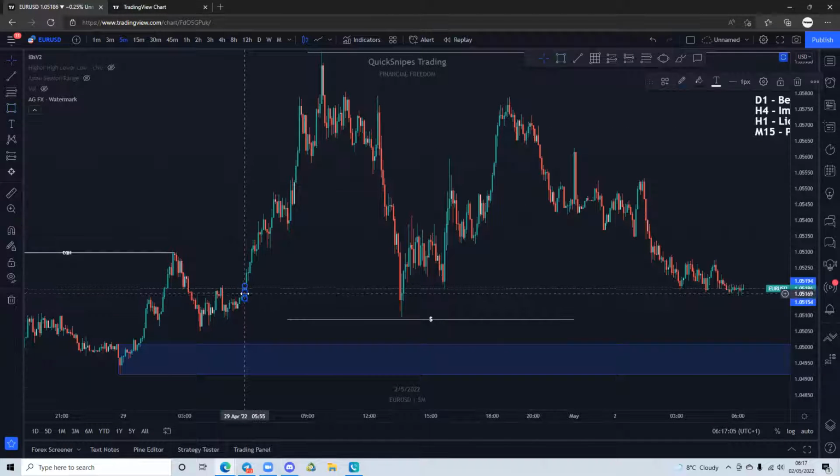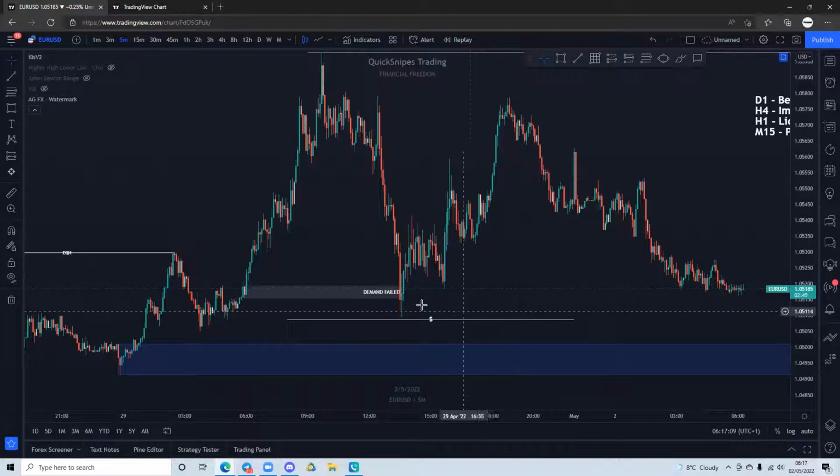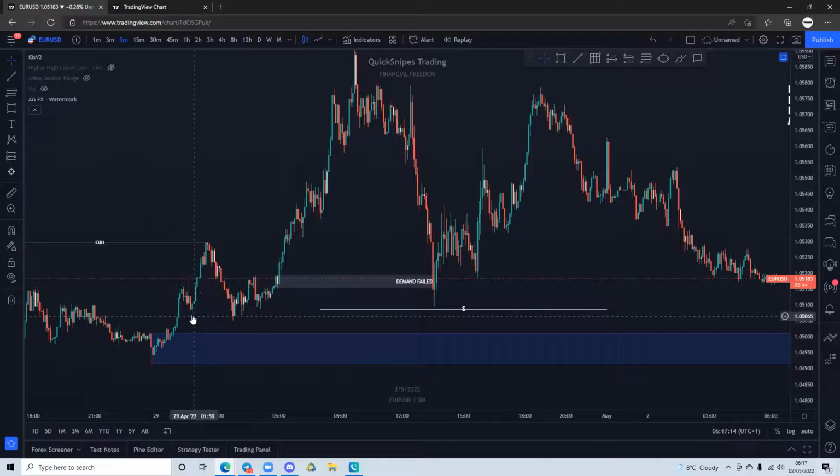what you need to learn to do is figure out whether liquidity was there, and there was because of this small range, this equal low area, and price looks to take out this sort of liquidity in the market.